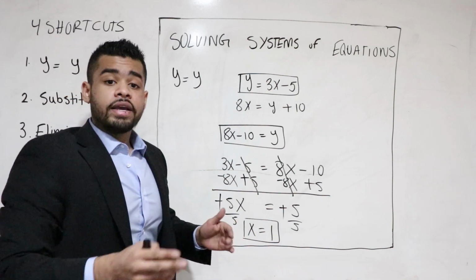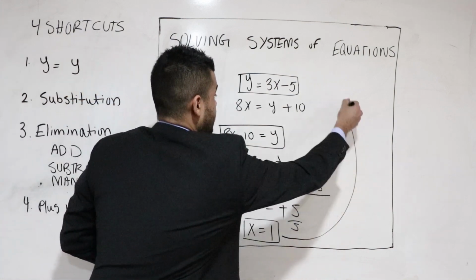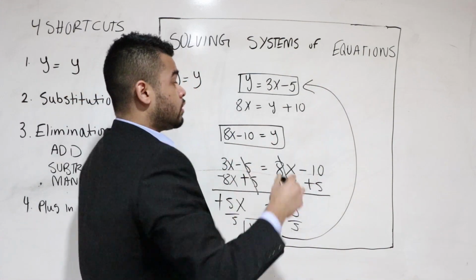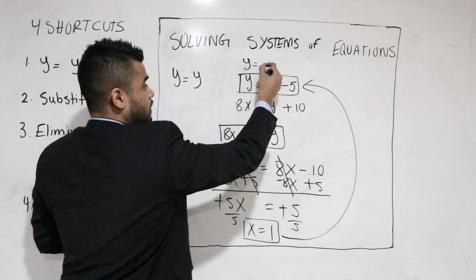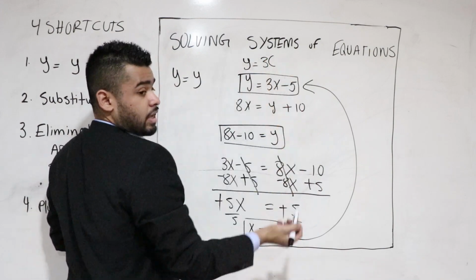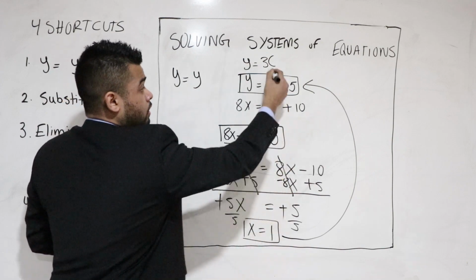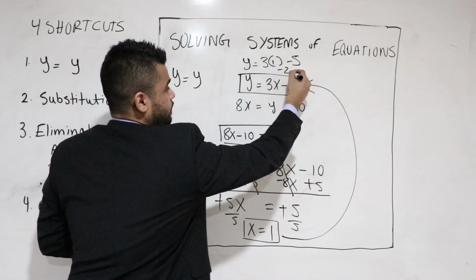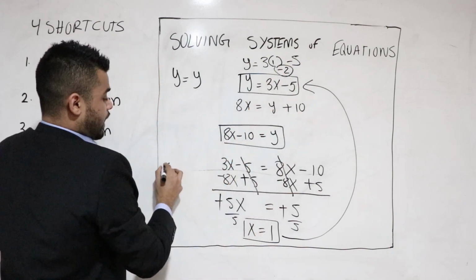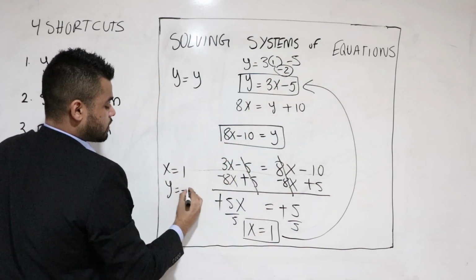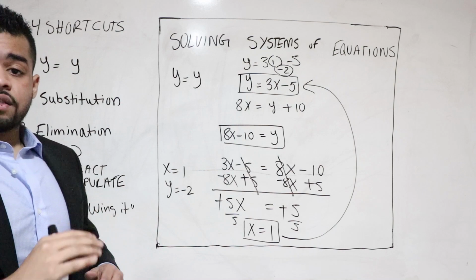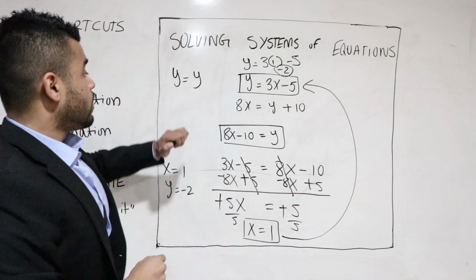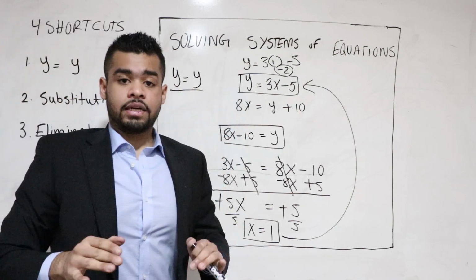To find y, you simply plug this into any equation you want. 3 stays. What is x? 1. Minus 5. 3 minus 5 is negative 2. We just found x as 1, y as negative 2. So this is example number 1, which covers the y equals y technique.